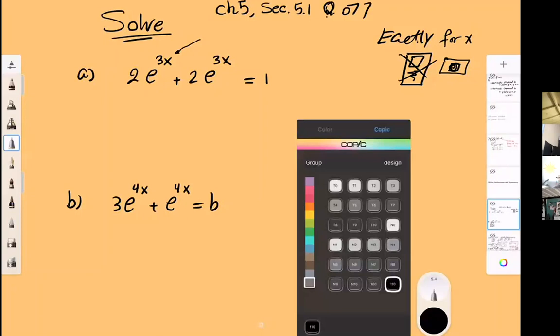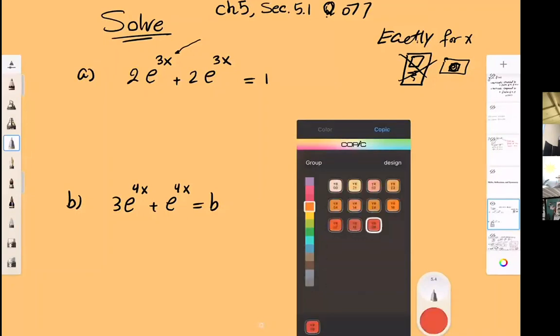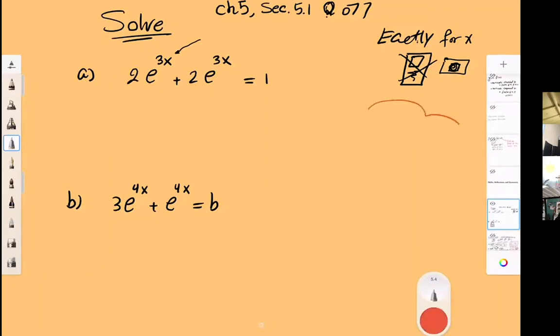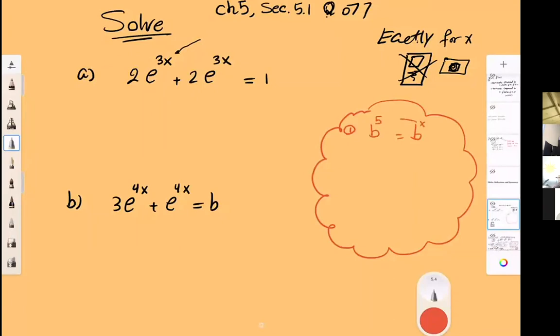The techniques in your note sheets are the techniques that you should apply. One of them, the basic one, we would like to make them the same base. For example, if it's 5 to the b equals 5 to the x, then b equals x. I mean, if you're able to make both sides of the equal sign the same base, then the exponents are equal, correct? That's a basic one.